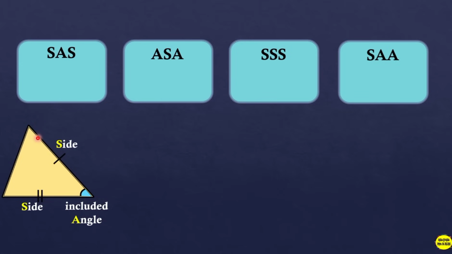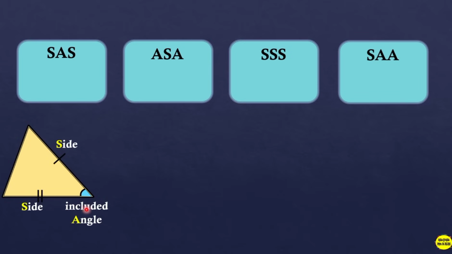Kasi wala siya sa gitna ng dalawang side. Kung nandito ang angle mo, dapat nandito yung isang side. Pwede ba to? Hindi rin po. Kasi kung ito yung first side angle, dapat nandito yung isang side. But since ito yung dalawang sides natin, dapat nasa gitna siya nitong dalawang side. Kaya ito po ang ating angle. So, yun po yung SAS.